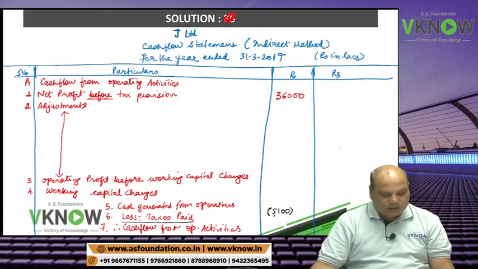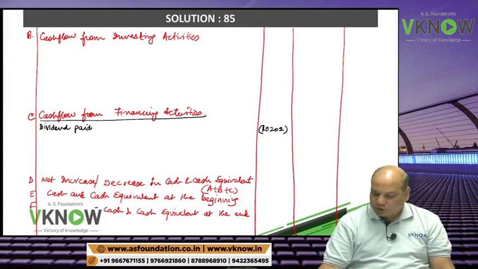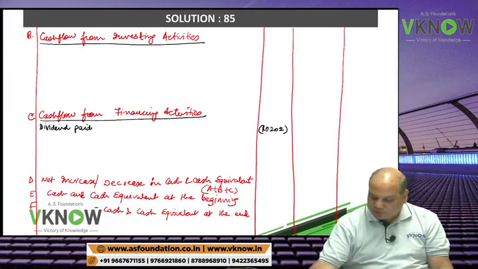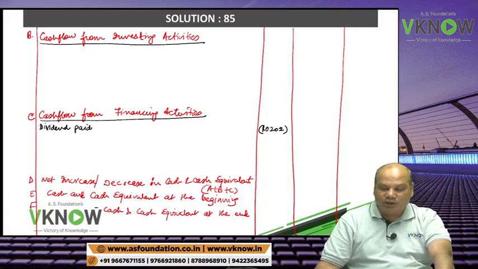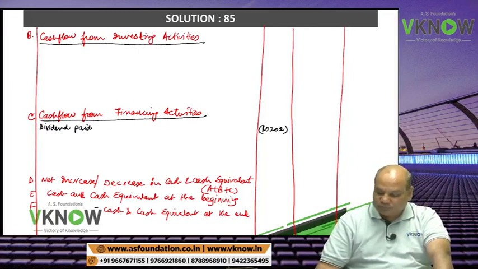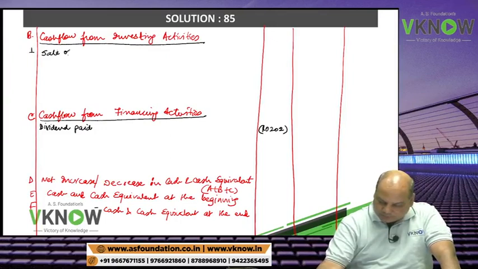Next line. Point 4, book value of the asset sold 222 less loss on sale of asset 48. So come to point number B, investing activity. If you have missed anything, tell me, I will repeat. Under that write 1, cash flow from investing activity, sale of asset.